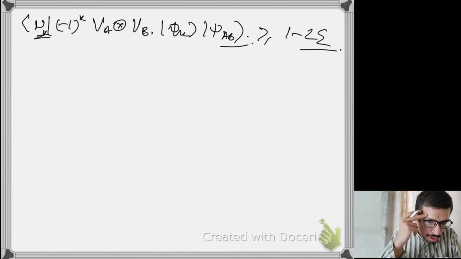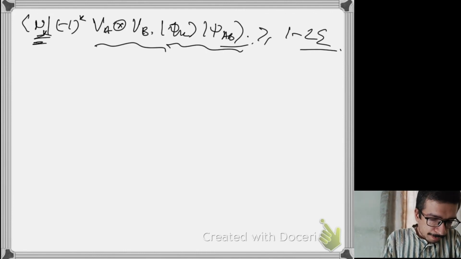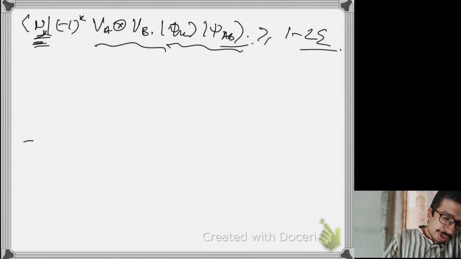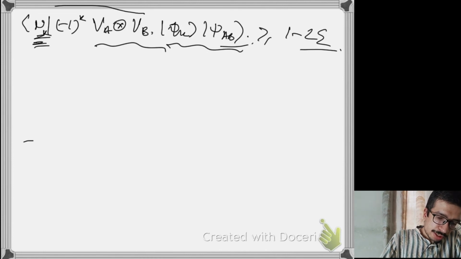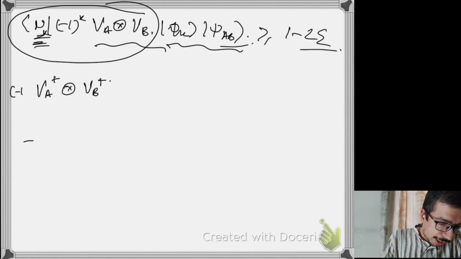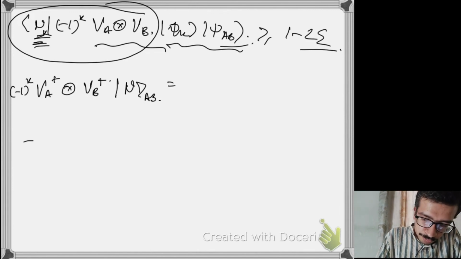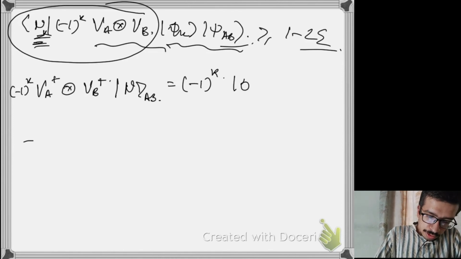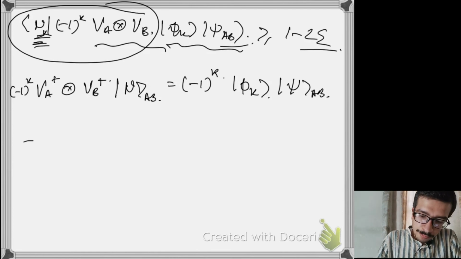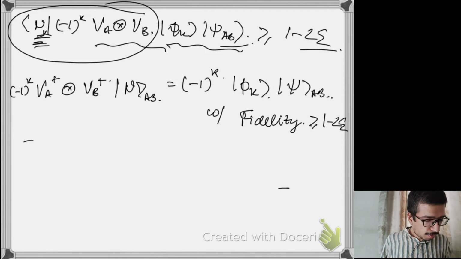So what is going to happen now is that for φ_k ψ_AB, if I apply V_A ⊗ V_B, and μ_k was produced by doing again V_A ⊗ V_B and then Z_A ⊗ Z_B. So actually I can look at the equation in a slightly different manner. Let me take V_A ⊗ V_B along with μ. So now V_A† ⊗ V_B†, with (minus 1) to the power k, acting on μ_AB, is going to be (minus 1) to the power k φ_k ψ_AB with fidelity greater than or equal to 1 minus 2ε.